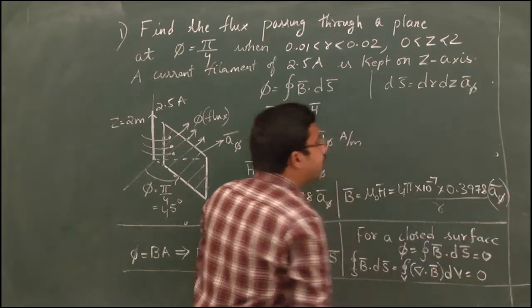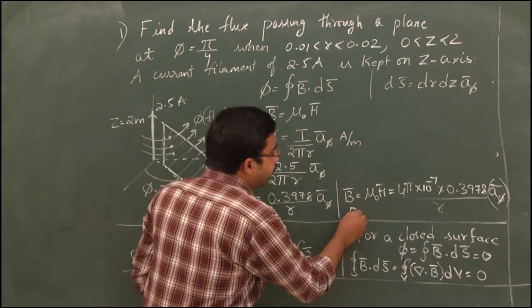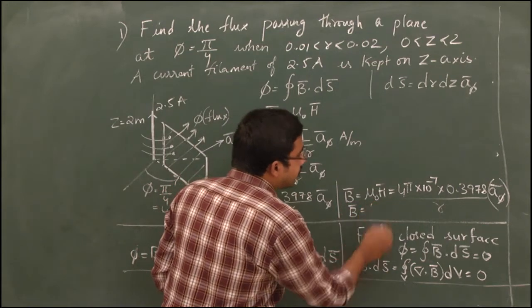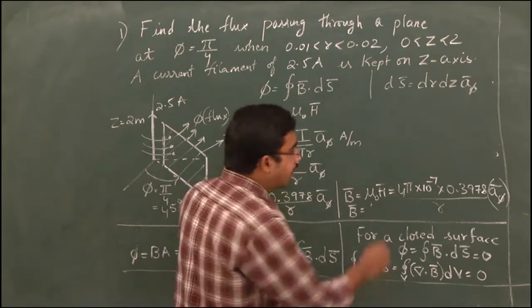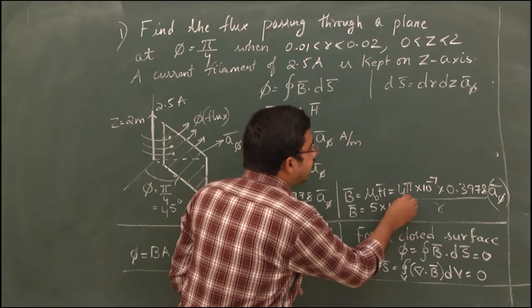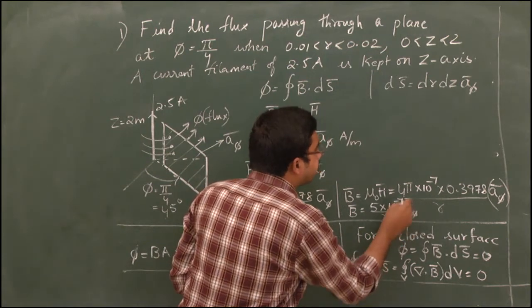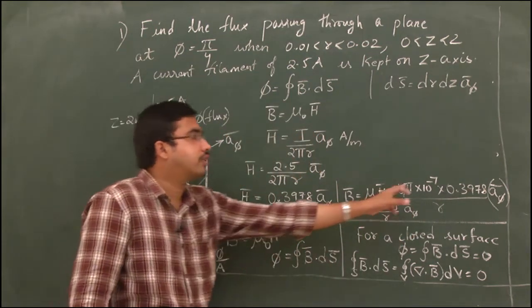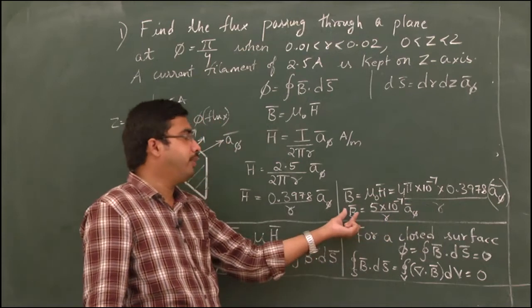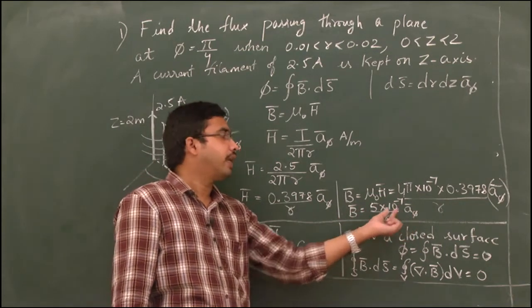This is the unit vector. After simplifying this expression, you are getting B bar as 5 into 10 power minus 7 by r into a phi.